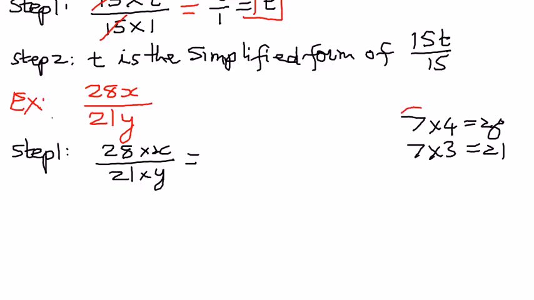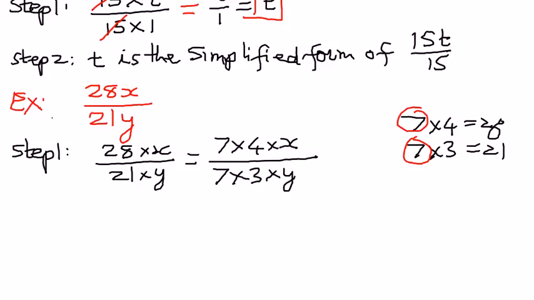Therefore 7 is common between 21 and 28. Therefore we can write this as 7 times 4 times x in the numerator, and 7 times 3 is 21, times y in the denominator.